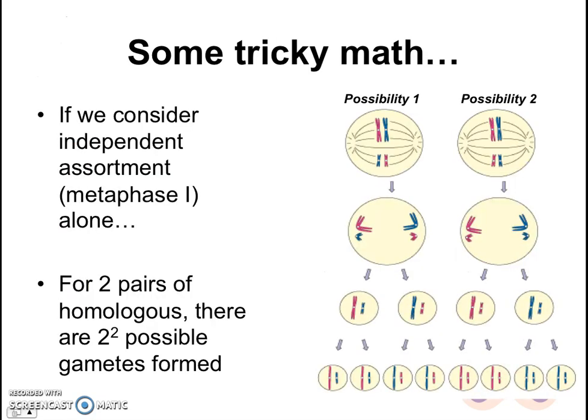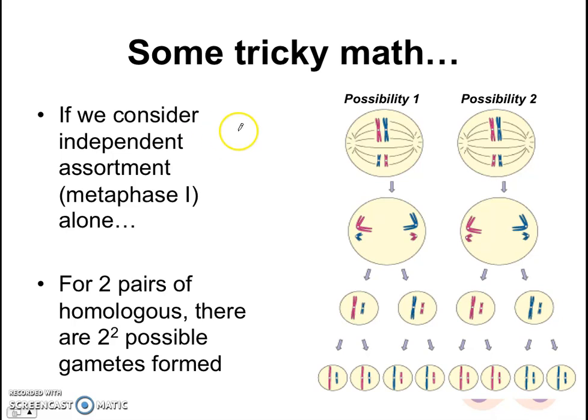So we have seen that independent assortment and crossing over help to produce many different types of gametes with different combinations of alleles, and that contributes to genetic variation. Now let me blow your mind with how many different possible combinations or types of gametes can actually be produced.